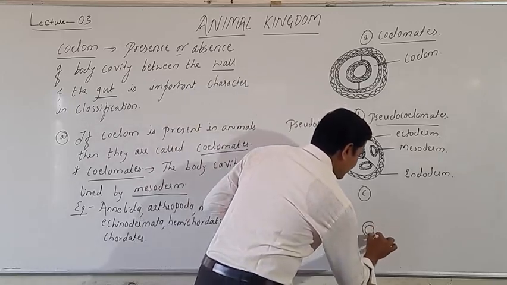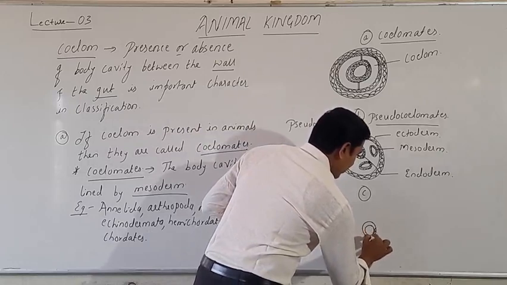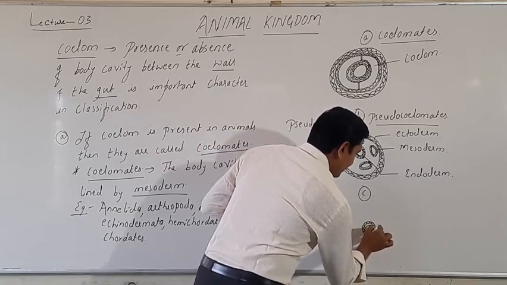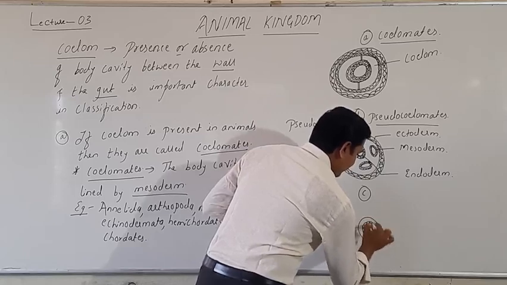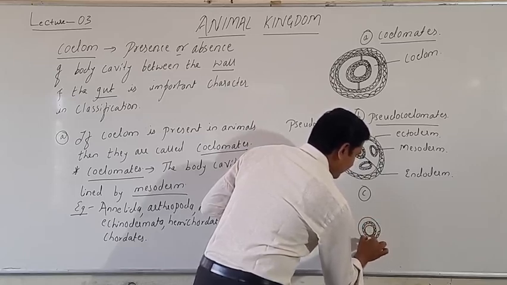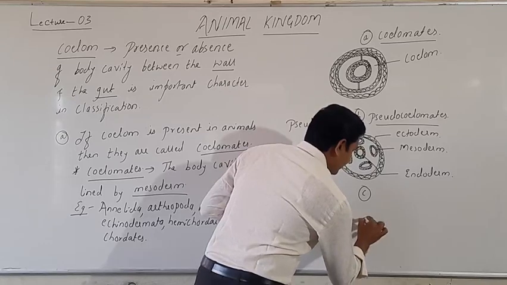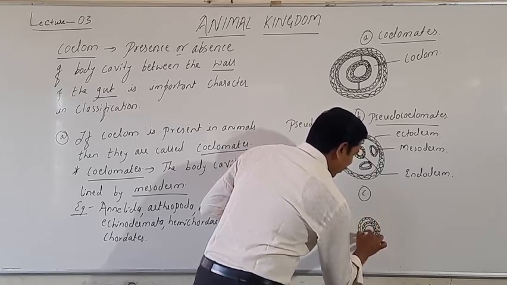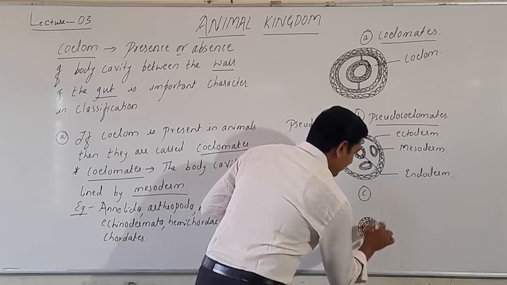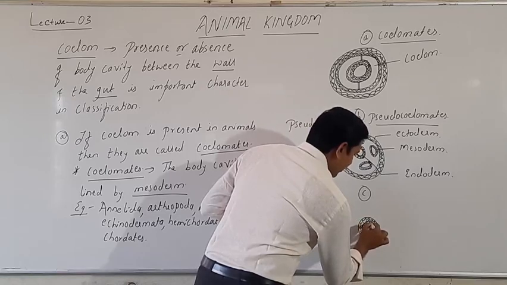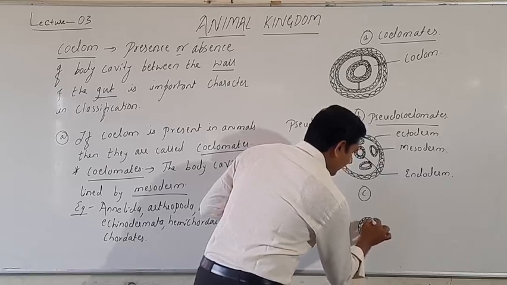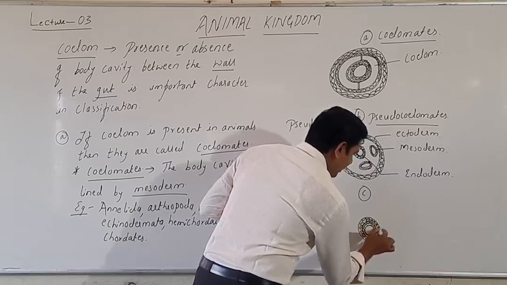The inner layer cells are endodermal cells. These endodermal cells are surrounded by the mesodermal cells without any space, without any cavity, without any body cavity. Now this is again surrounded by the outer layer cells, and these outer layer cells we call ectodermal cells.